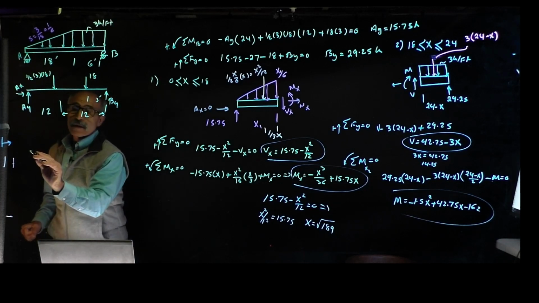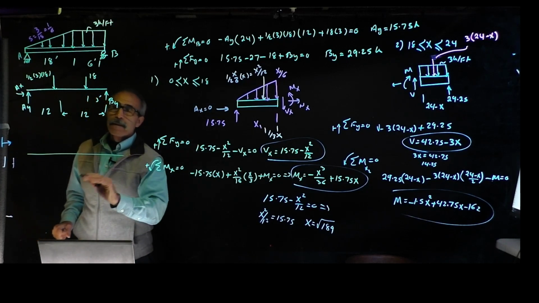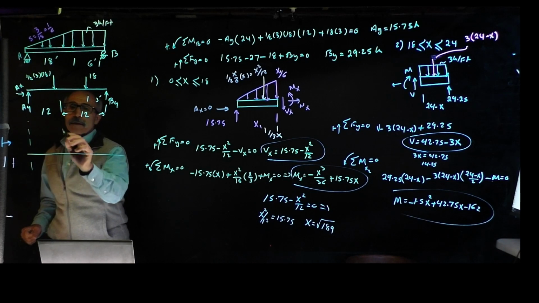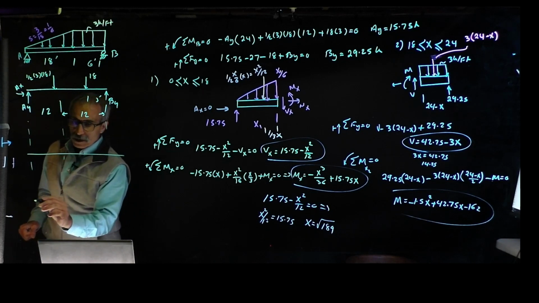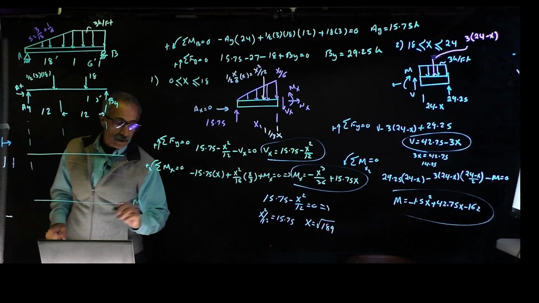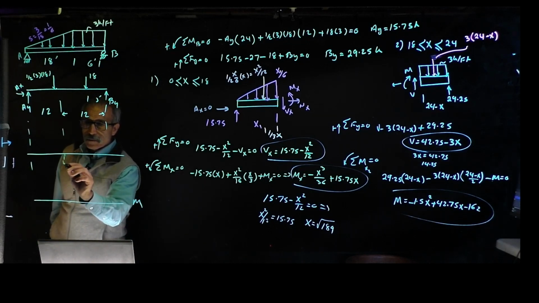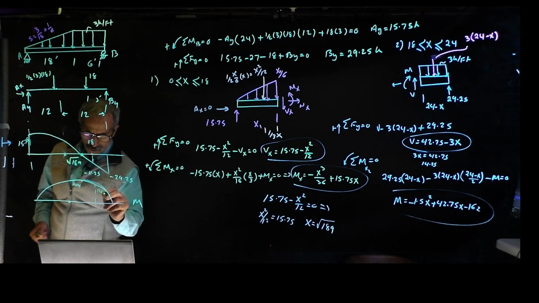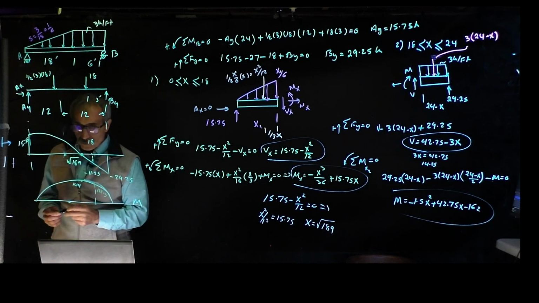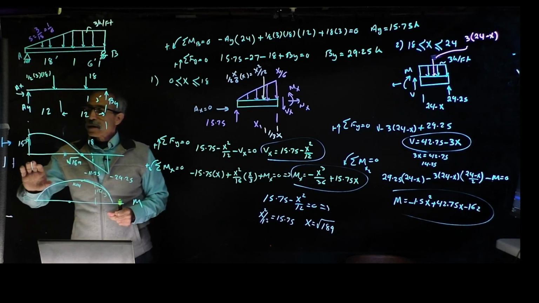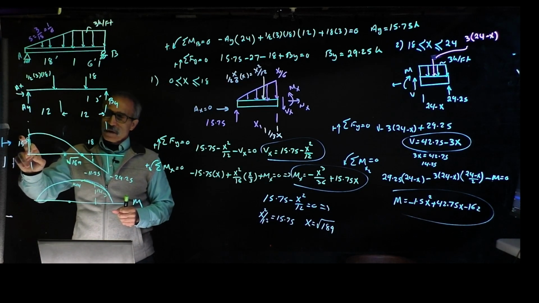Shear is going to be right here, and these are all the lines right here. And then moment is going to be right here. So okay, we came up with 15.75.